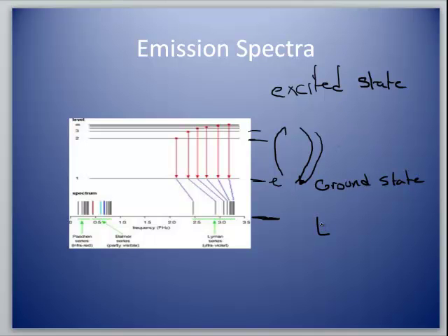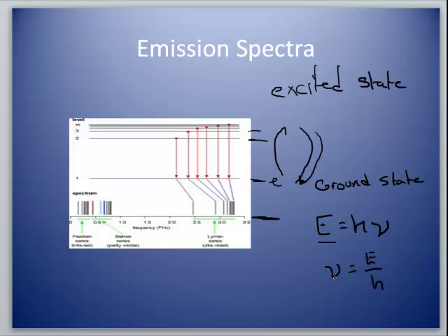So we go back to our equation, energy is equal to h times nu. If we know the amount of energy it will release when it falls, we can then calculate frequency by rearranging that equation to be frequency is equal to E over h.